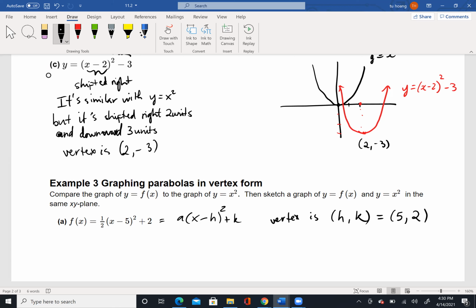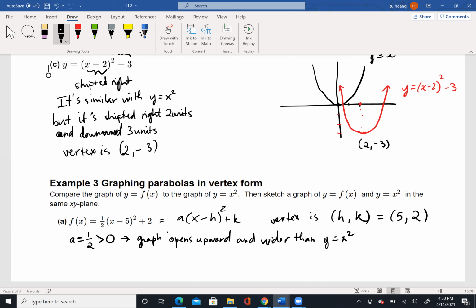Also I have a equal to 1/2, which is greater than 0. That gives me a graph that opens upward, and wider than y equal to x squared, right?